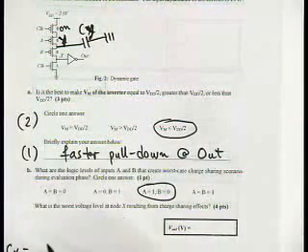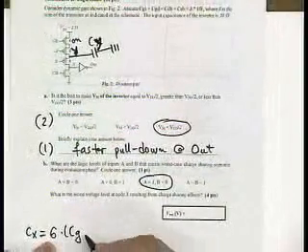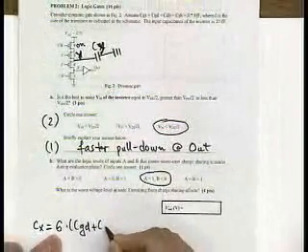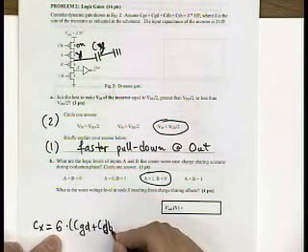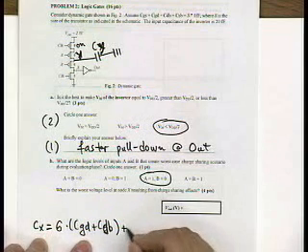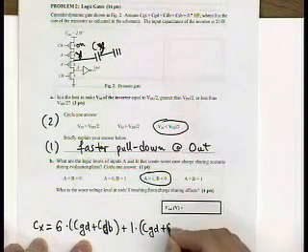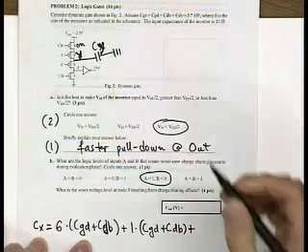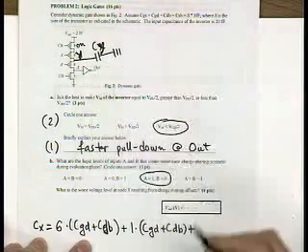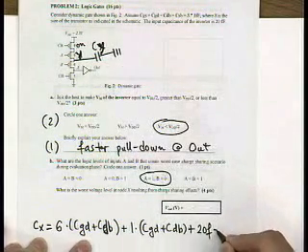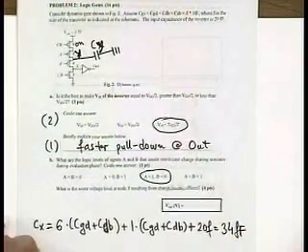So we have basically PMOS is sized 6 times CGD plus CDB, drain to bulk and gate to drain, plus bottom NMOS we have CGD plus CDB, and we also have input capacitance to this buffer, right, to this inverter. So that is another 20 femto. So you end up with 34 femtofarads for this case.